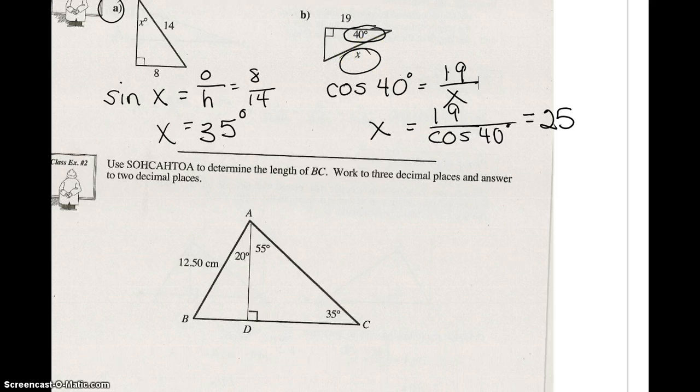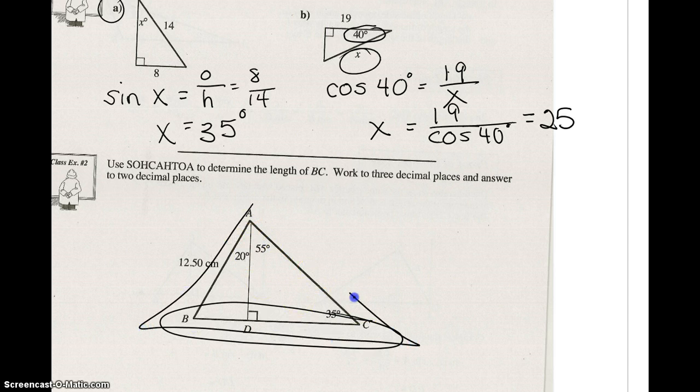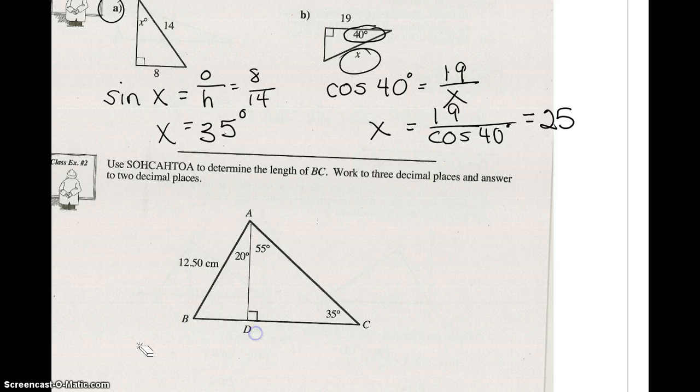Now, we're also going to go ahead and use SOHCAHTOA to determine the length of BC. Now, BC is this right here. But of course, we can't solve for that right away because we don't have a 90-degree angle at ABC. So instead, what we'll do is draw a line down from A to D. We now have our 90-degree angle, and by doing that, we can first solve for AD.